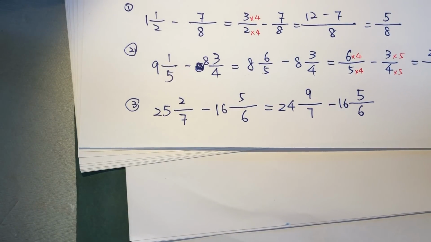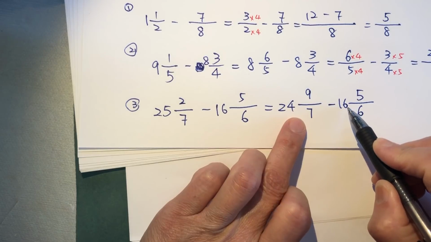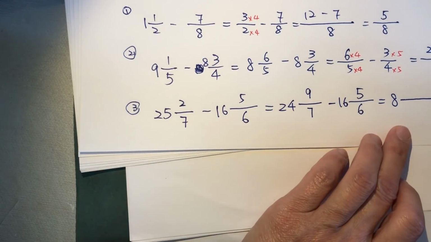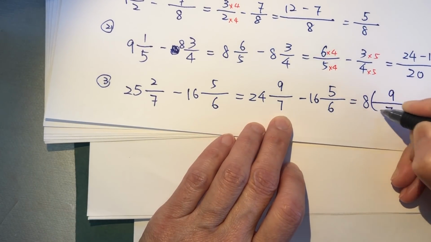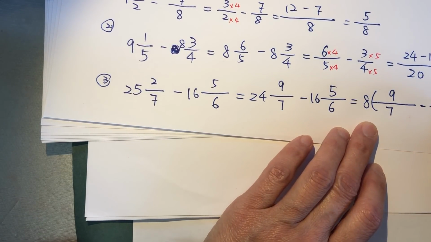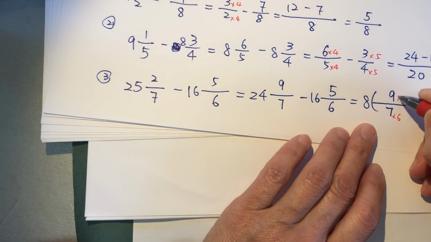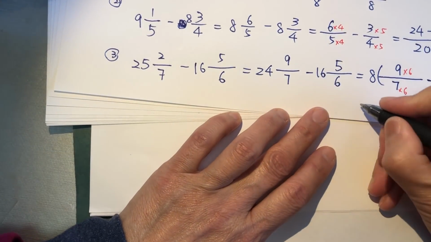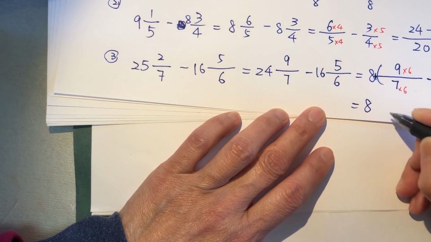So we can do it this way. 24 minus 16 is 8. And 9 over 7 minus 5 over 6, times 6 and times 7, equals 8 plus.